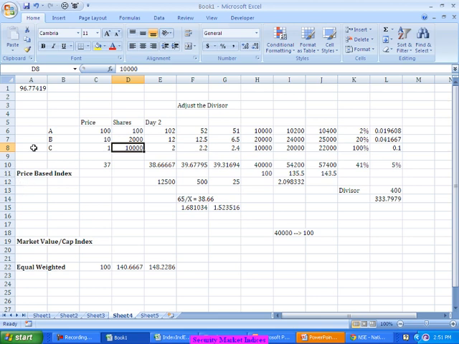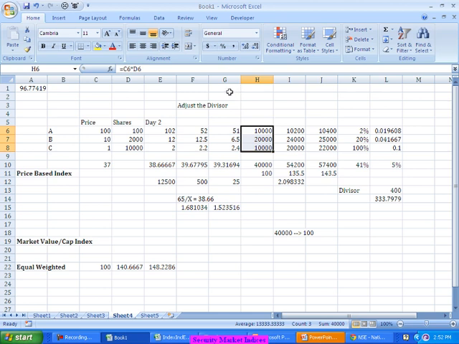Like the shares which are held by the promoters, shares which are held by the government, they are generally not traded so frequently. So they have modified these numbers and they have come out with another definition called free float market capitalization. What is that free float? What proportion of these shares are freely tradable?